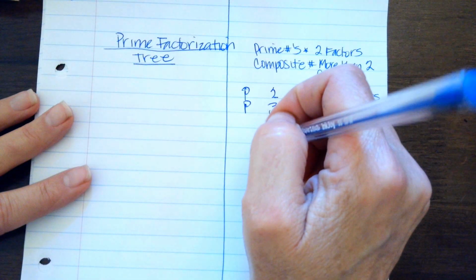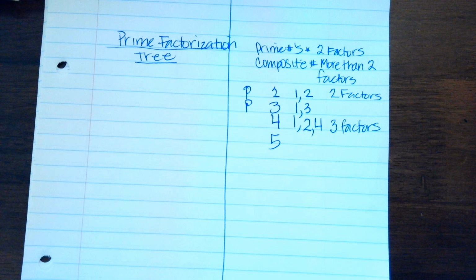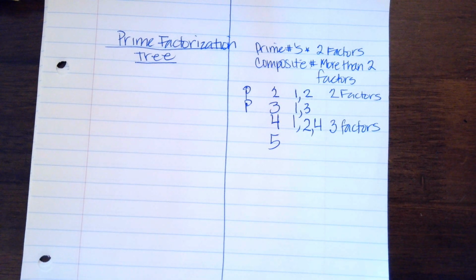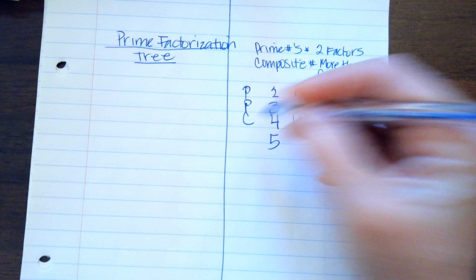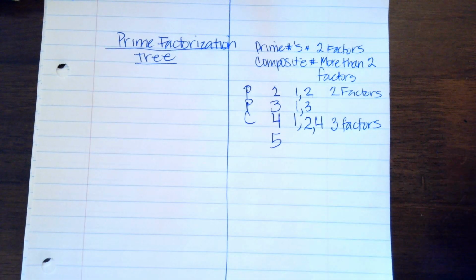What about 5? What factors get divided into 5? Well, does 1 go into it? Yes. Does 2 go into it? No. Does 3 go into it? No. Does 4 go into it? No. Does 5 go into it? Yes.